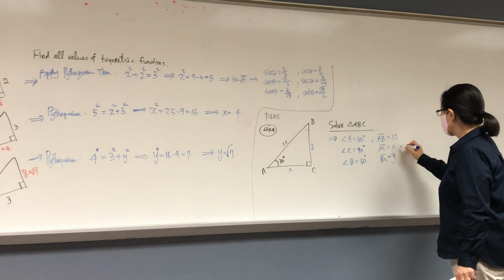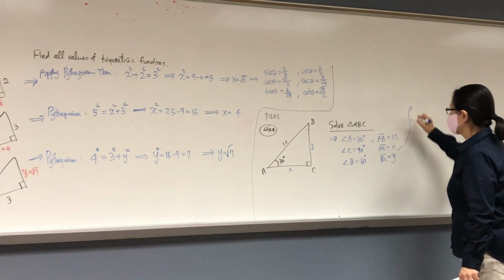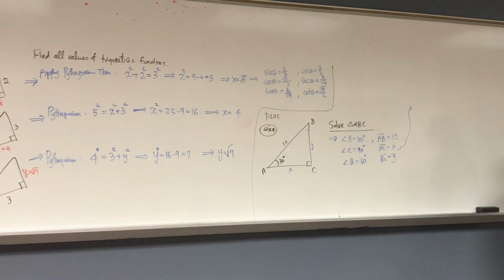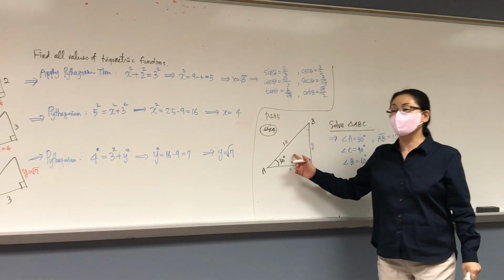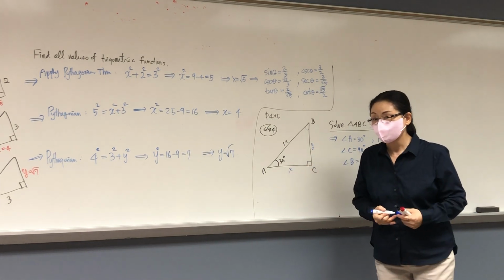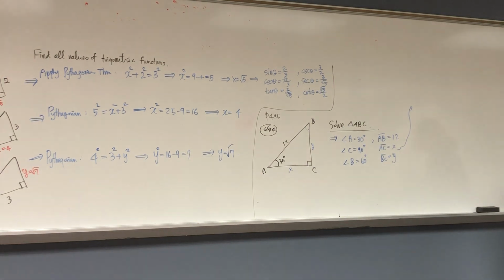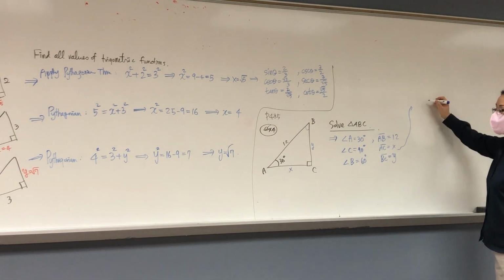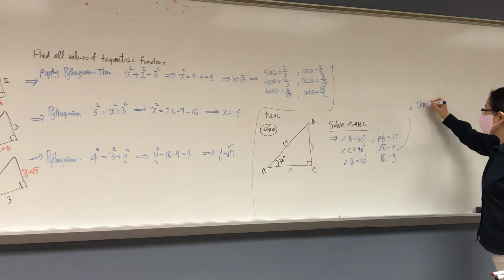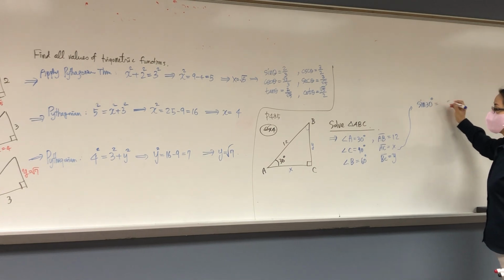How do you find it? Hint: from the beginning, we talked about the ratio, right? So how do you handle it? Why can we use the ratio? Because this angle is what? A special angle. So, sine 30 equals what? y over 12.